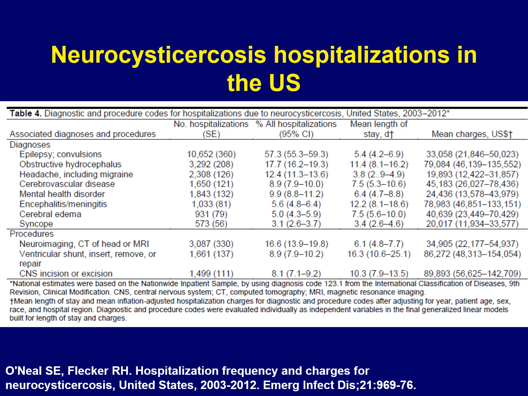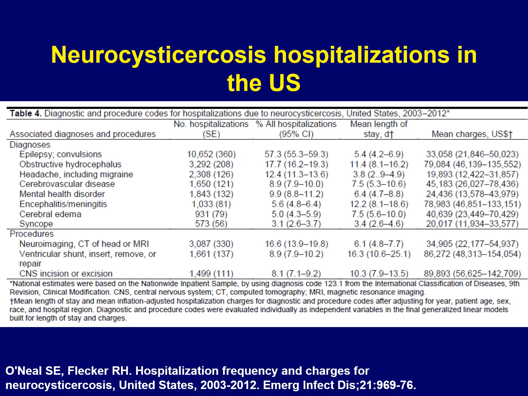In terms of diagnoses, these are all the symptoms that we know are prevalent and possible with neurocysticercosis: things like epilepsy and seizure, hydrocephalus, headache, mental health disorders, all these different neurological symptoms.